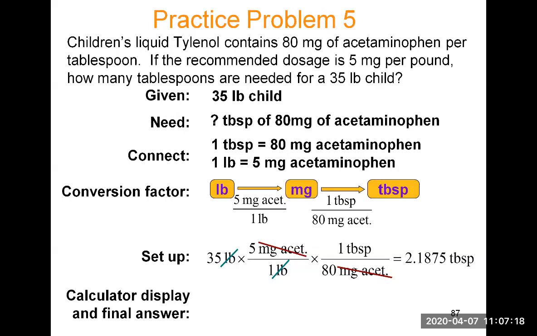And then the 35 pounds has 2 sig figs. However, 80 has only 1. So this time, it's going to be 1 sig fig, and it's not from the given measurement, it's from a given conversion factor. Looking at the final answer, you will keep the 2, and that's 1 sig fig. What comes after the 2 is a 1. It's below 5, so you need to round down. You keep the 2 and drop everything that comes after. So the final answer is going to be 2 tablespoons.